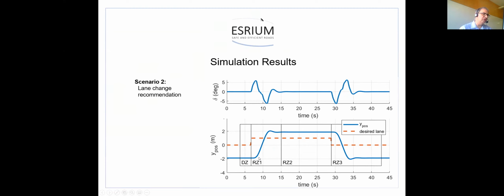And in the relevant zone 1, we search for a gap in the traffic situation. If it's possible, we change the lane to the left lane. And in the relevant zone 2, we avoid the damage by driving on lane 1. And in relevant zone 3, we change the lane back to the right lane.